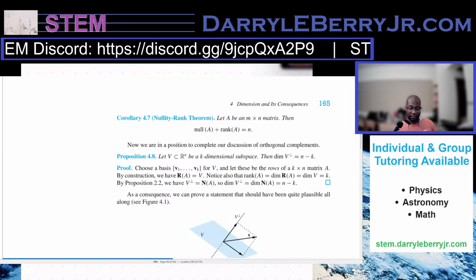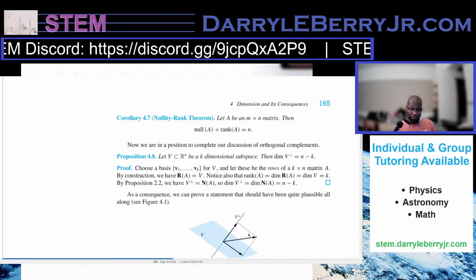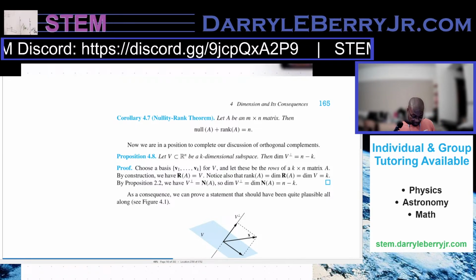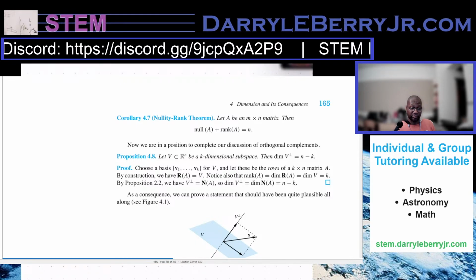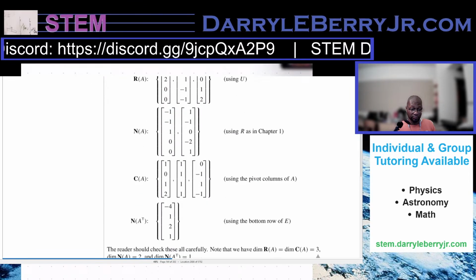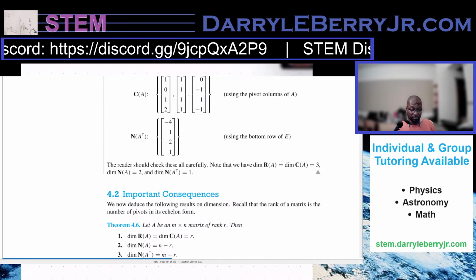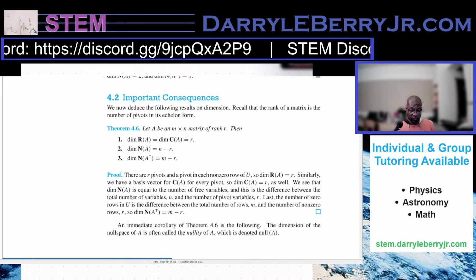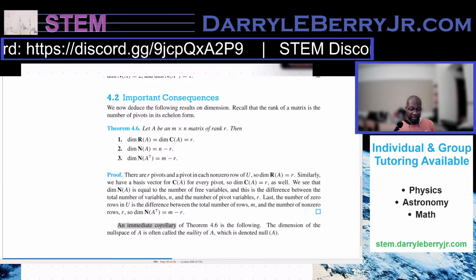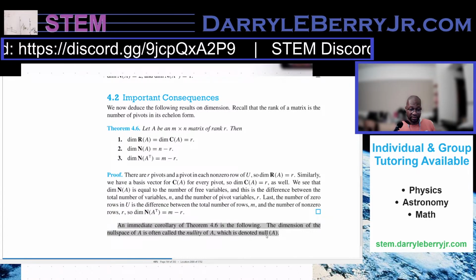The rank of A is 2. So we have to see what they mean by null A. An immediate corollary of 4.6 is the following.